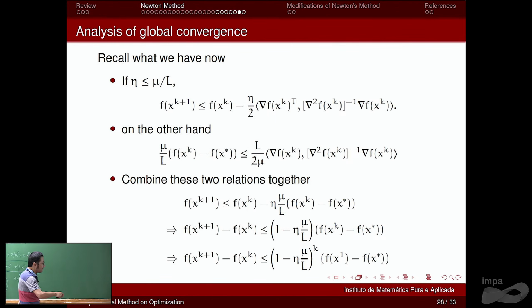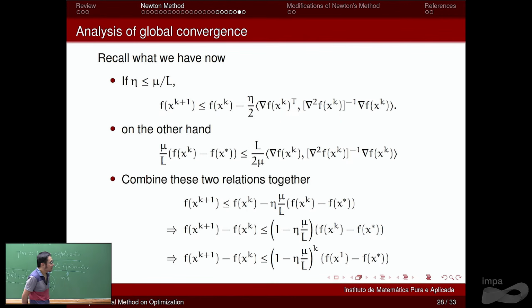Then we have f(x_k) is less than f(x) minus this constant times (f(x) minus f(x*)), and then by some computation we can get the final one, which is f(x_{k+1}) minus f(x_k) is less than or equal to this constant times this value, okay?